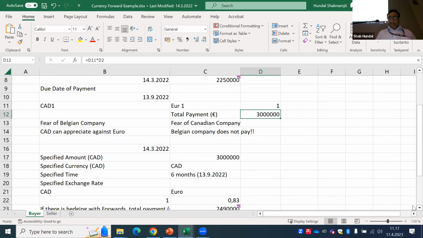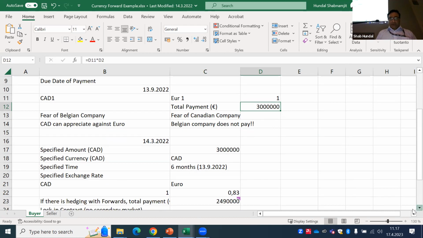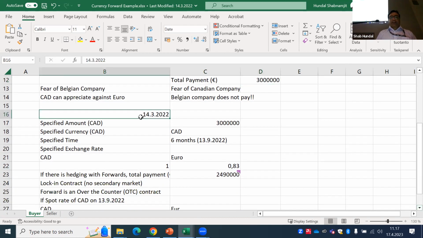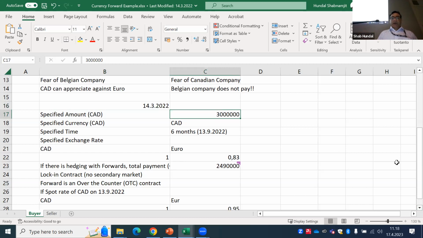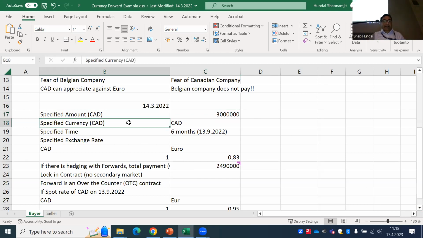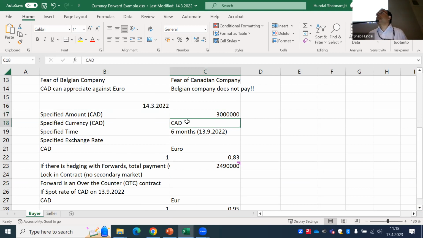So what you need to do is, on 14th of March, you approach a bank. Let's say, because you're a Belgian company, you approach BNP Paribas, and you say, Mr. or Miss Bank Manager, we need a specified amount of 3 million of a specified currency called Canadian dollars.